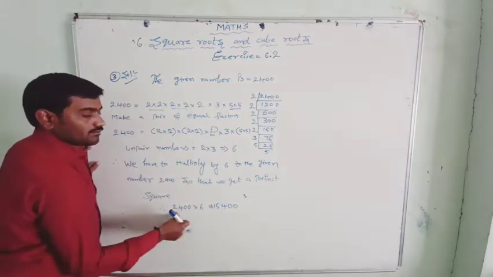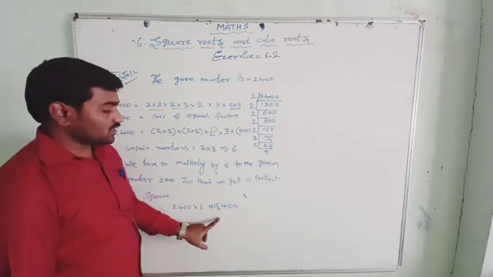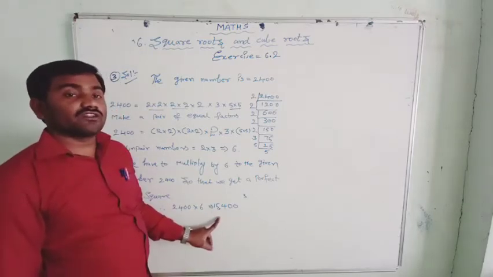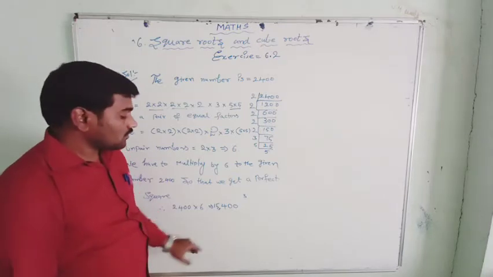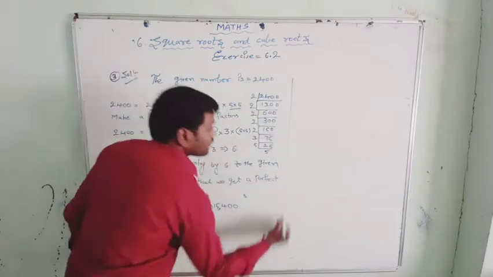So 15,400. We have to find out the square root of 15,400.